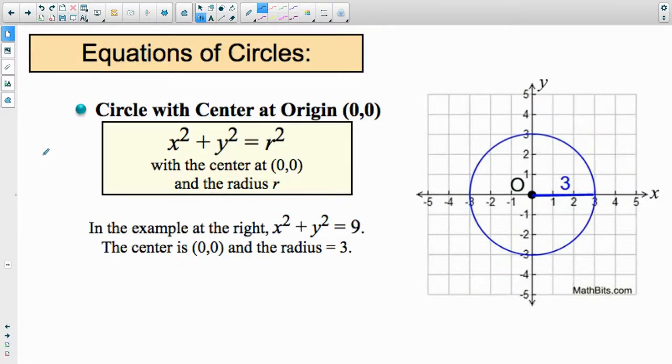So equations of circles come in a couple different forms. The first form we are going to learn about is called the center radius form.